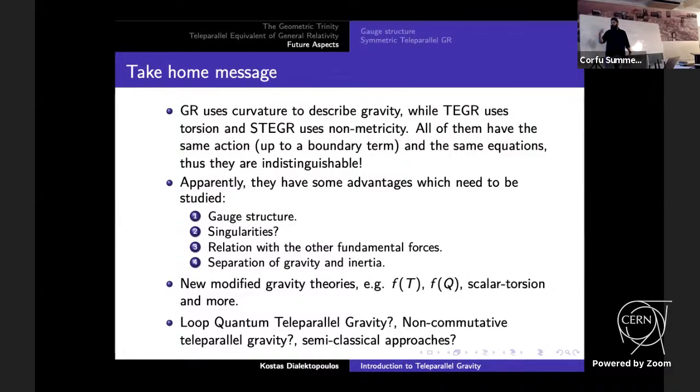For example, in f(R) gravity, we have fourth-order field equations because the Ricci scalar depends on second-order derivatives of the metric, while in f(T), we have second-order field equations because the torsion scalar depends only on first-order derivatives of the tetrad, which means that you can even construct infinite contractions of the torsion tensor. You can put them in the action and still have second-order field equations.